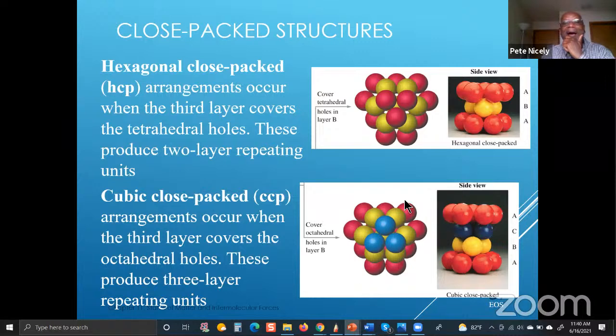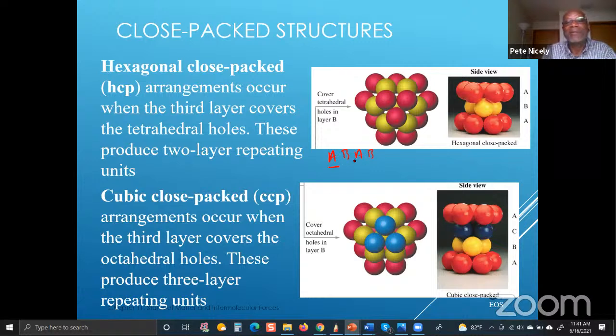In some textbooks, they call this part the AB arrangement, because the particles here, which form the third layer, are exactly above the particles in the first layer.